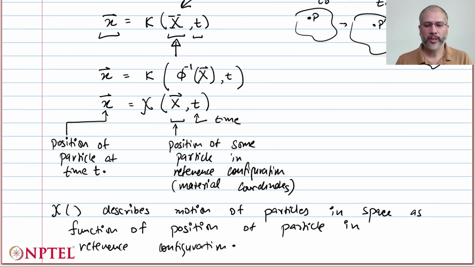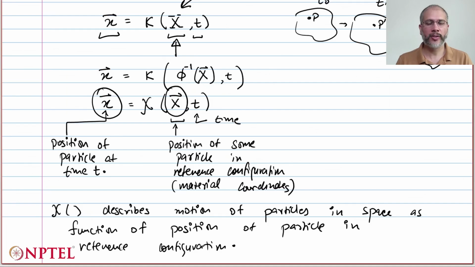So what that means is the current seat number corresponds to the spatial coordinates right now, that is at t equal to now, and I'm referring to that student as the student who was sitting on a specified seat, that is seat 1C on day 1. So seat 1C on day 1 basically is a given point in the reference configuration, that is day 1.